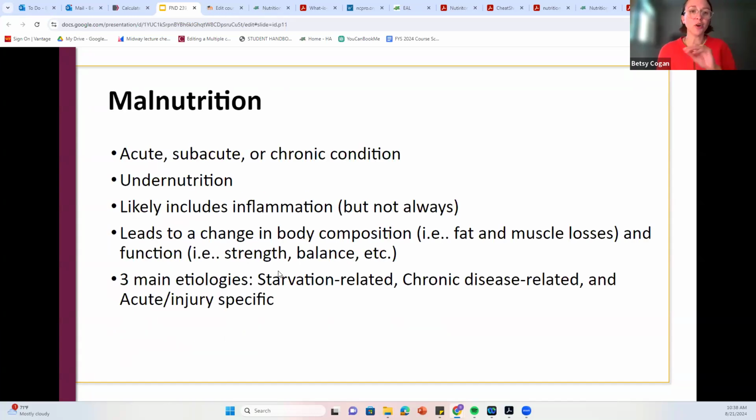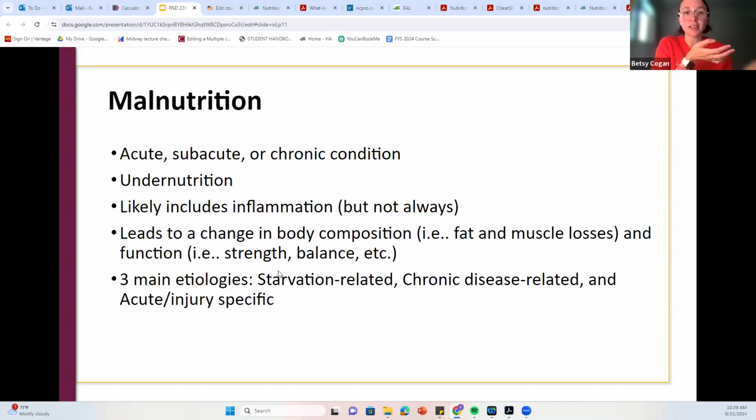For malnutrition, we are always assessing because we want to avoid malnutrition-related concerns, right? Malnutrition can be acute, subacute, or chronic. There's overnutrition and then undernutrition, which is when we're not getting enough nutrition.